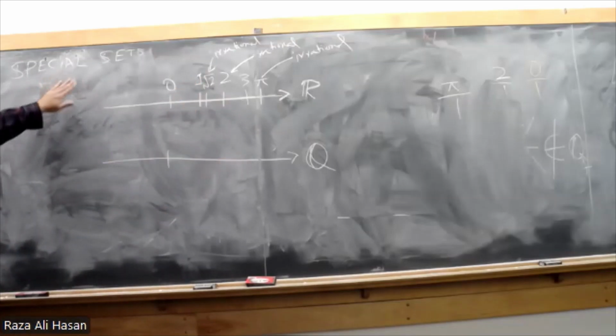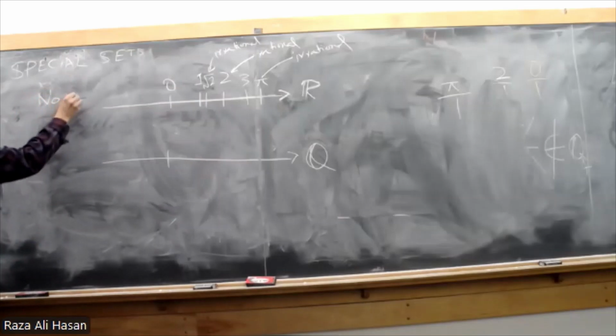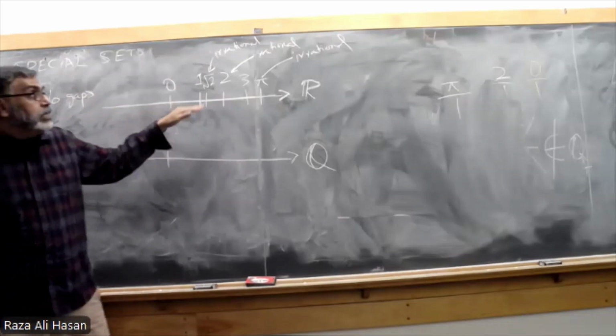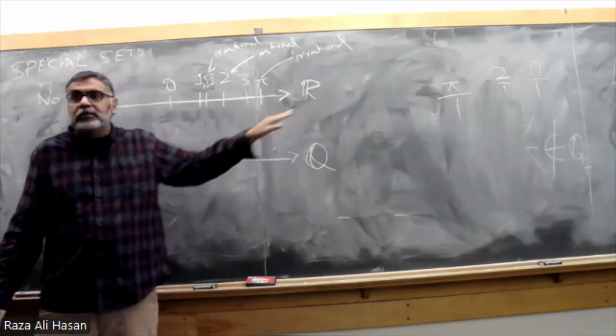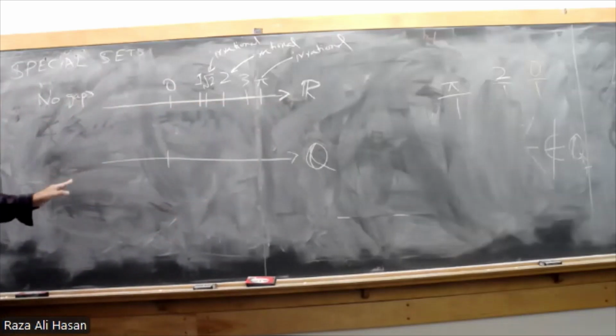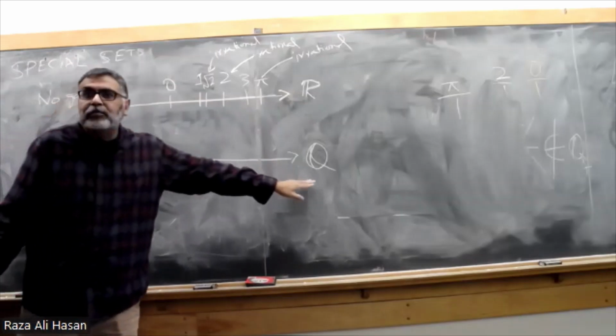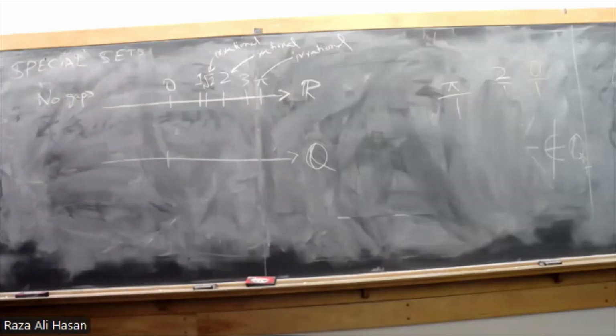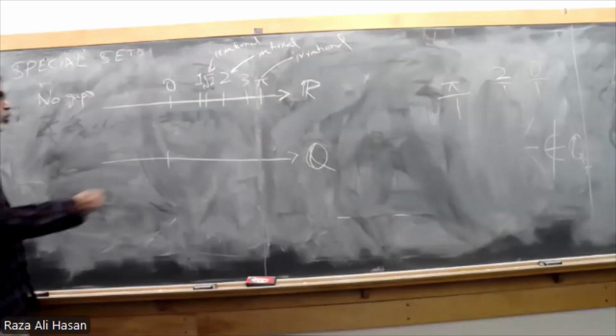So I'm going to say on the left-hand side here, no gaps. Every possible number is on the real number line. Now I'm doing a second line called the rational number line. And in this line, I'm just going to put rational numbers. So I'm going to put 1 here.